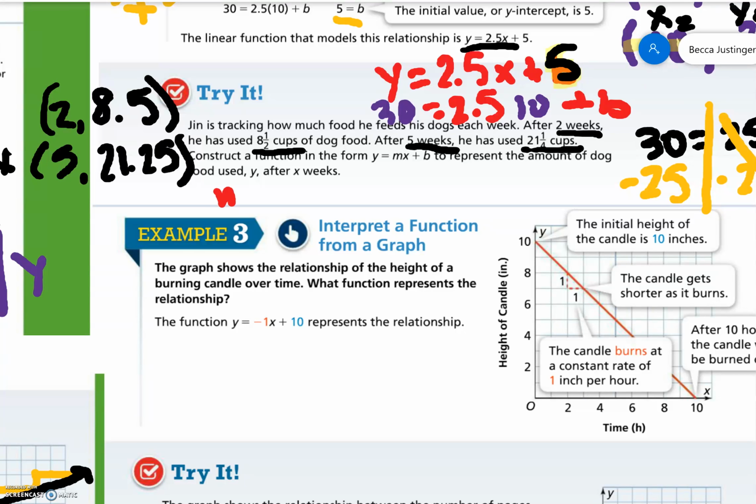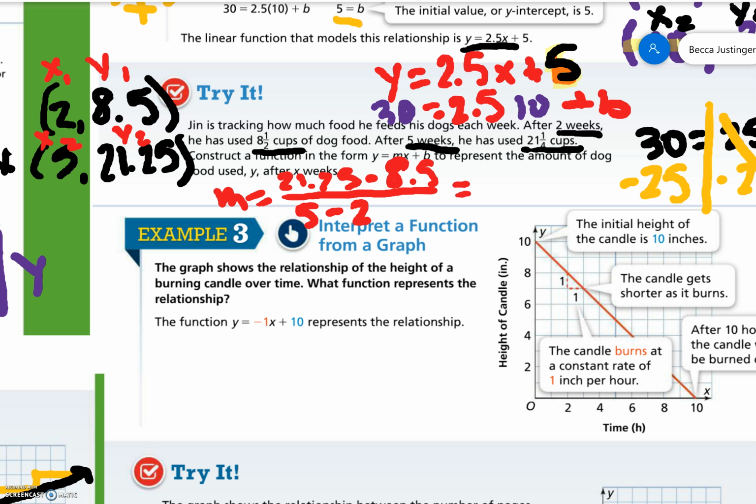First thing I need to do is find the constant rate of change. So that's my slope. Remember slope formula? We can do this x1, y1, x2, y2. So I do 21.25 minus 8.5 divided by 5 minus 2. Get out my handy dandy calculator. 21.25 minus 8.5 gives me 12.75. 5 minus 2 is 3.